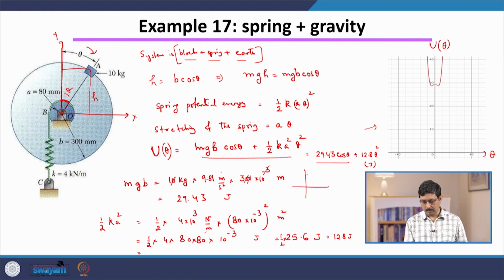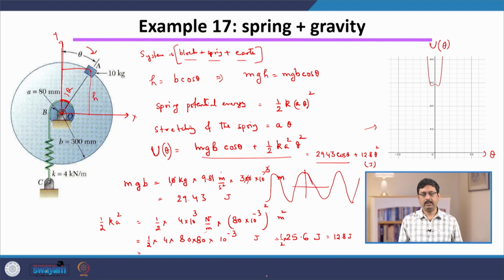At theta equal to 0, cos theta is 1, so it has the maximum. So, it looks like this. On the negative side it looks like this. Now, this something times theta square, you know that this is an equation of a parabola. At theta equal to 0, this is 0, and then it grows.